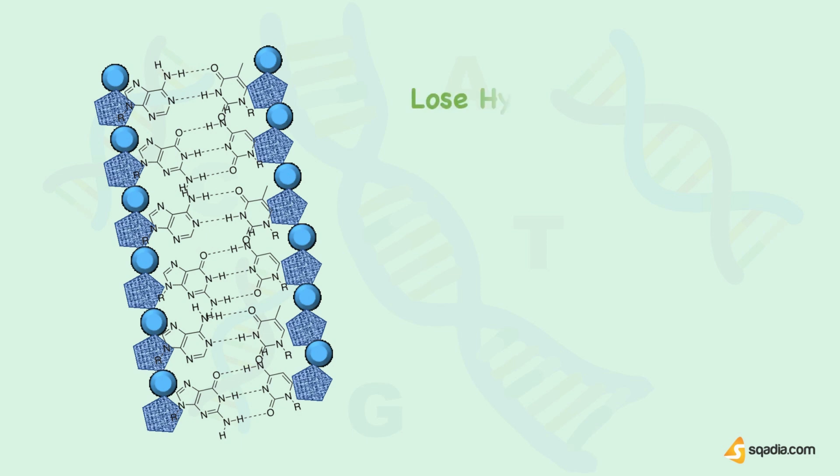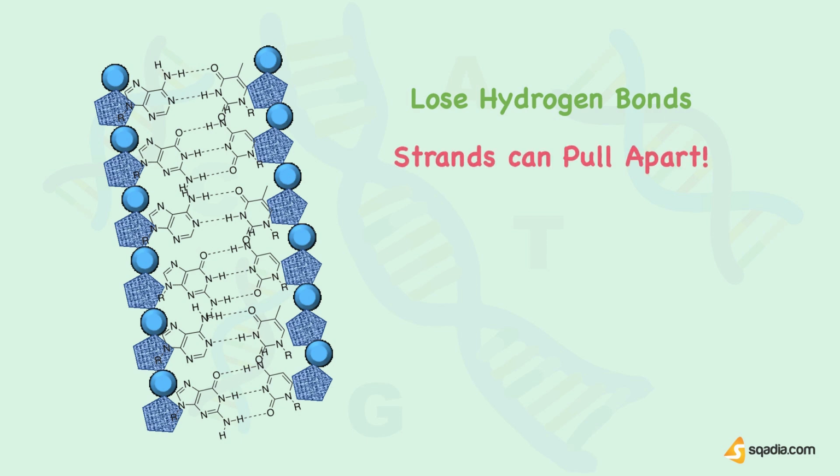Then, by means of loose hydrogen bonds between the purine and pyrimidine bases, the 2 respective DNA strands are held together. Because of the looseness of the hydrogen bonds, the 2 strands can pull apart with ease, and they do so many times during the course of their function in the cell.